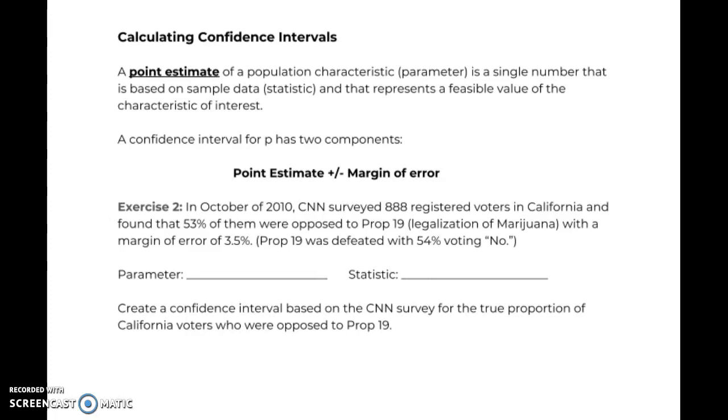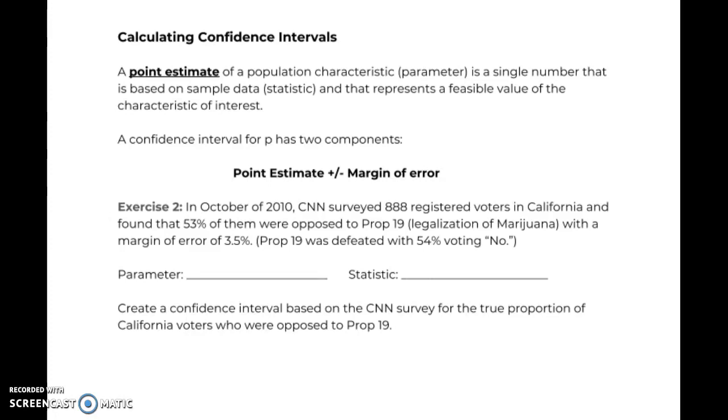So this is what we call a point estimate. It's a single number that is based on our sample data that we can use to represent our population data. So that's going to be our starting point. Then we add and subtract a margin of error to it in order to find the upper and the lower value of our confidence interval.